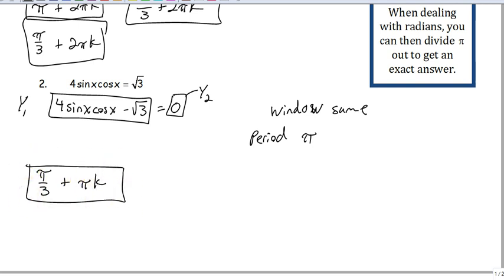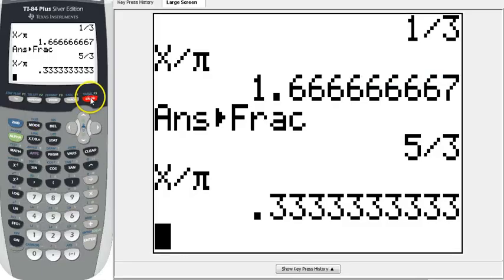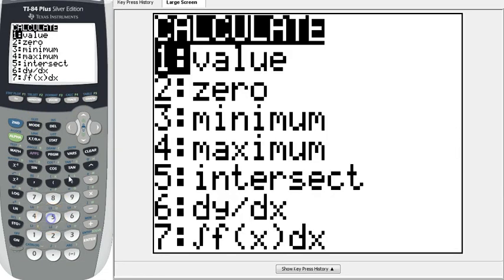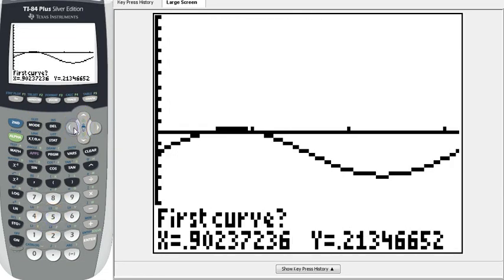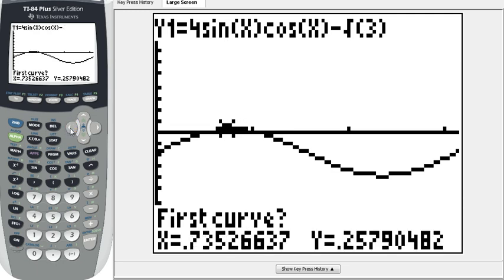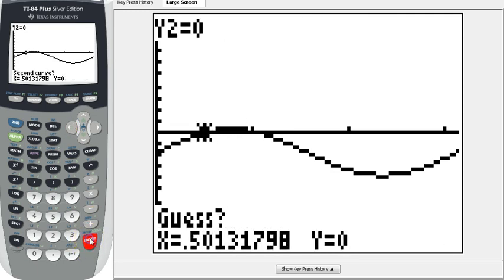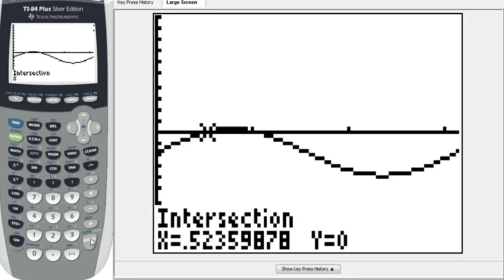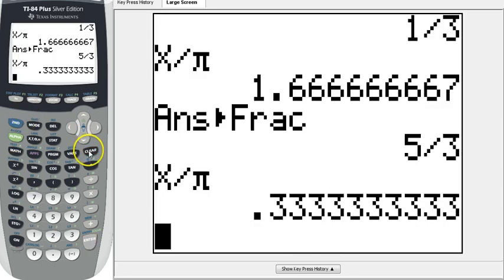And then the other one, you have to hit, again, second trace 5, move over to it, right, and then enter a couple times, and you get that number right there, 0.5235. Again, clear it. You do x divided by pi.